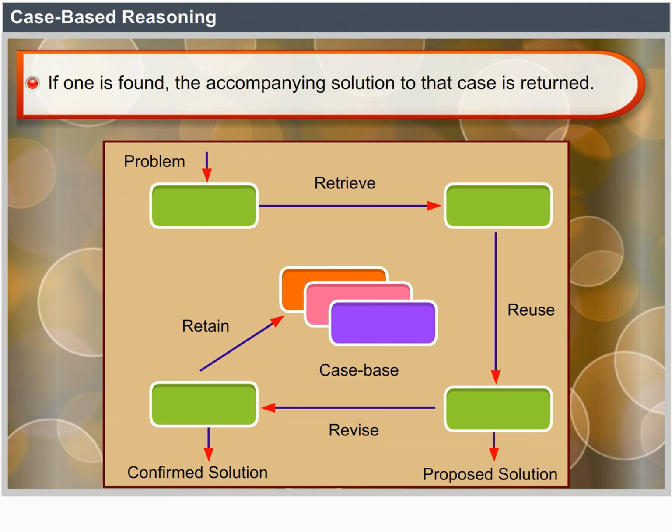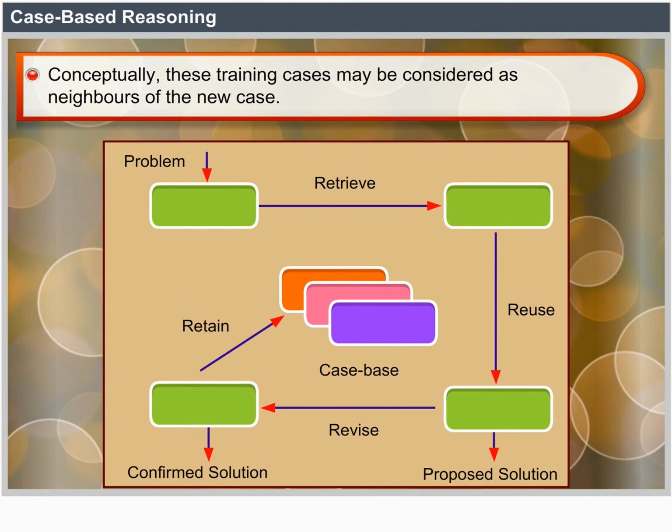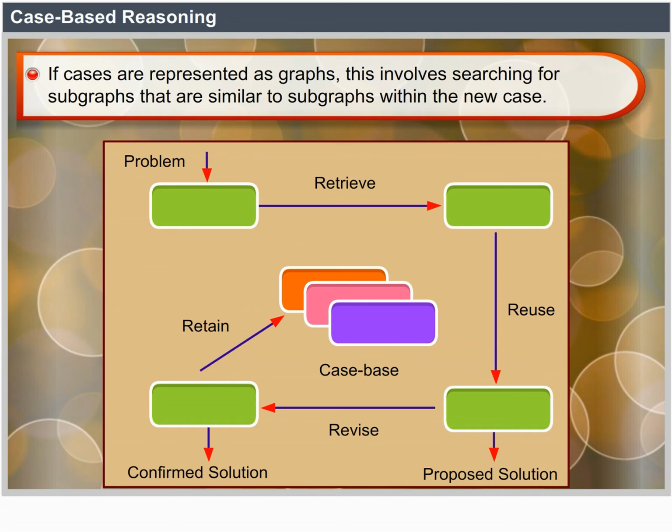If no identical case is found, then the case-based reasoner will search for training cases having components that are similar to those of the new case. Conceptually, these training cases may be considered as neighbors of the new case. If cases are represented as graphs, this involves searching for subgraphs that are similar to subgraphs within the new case.